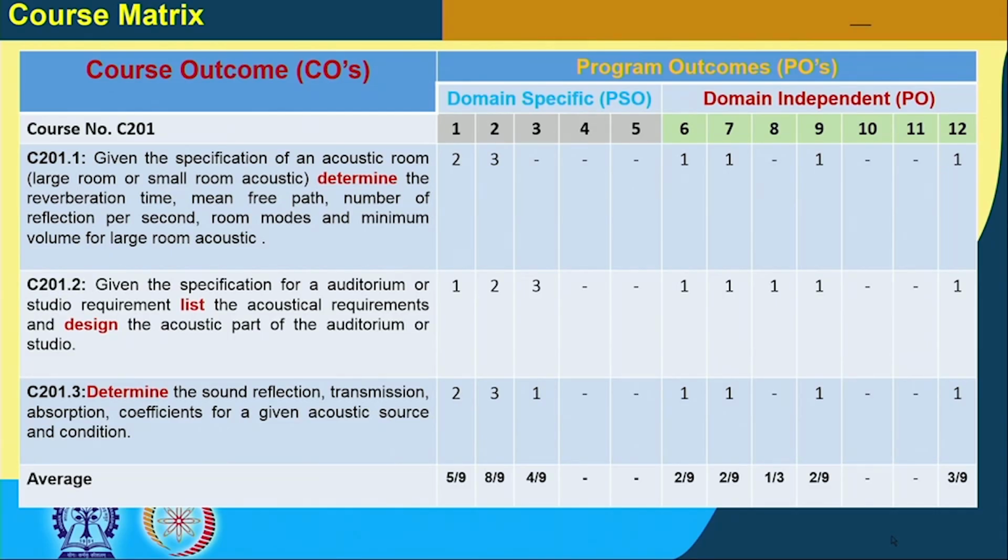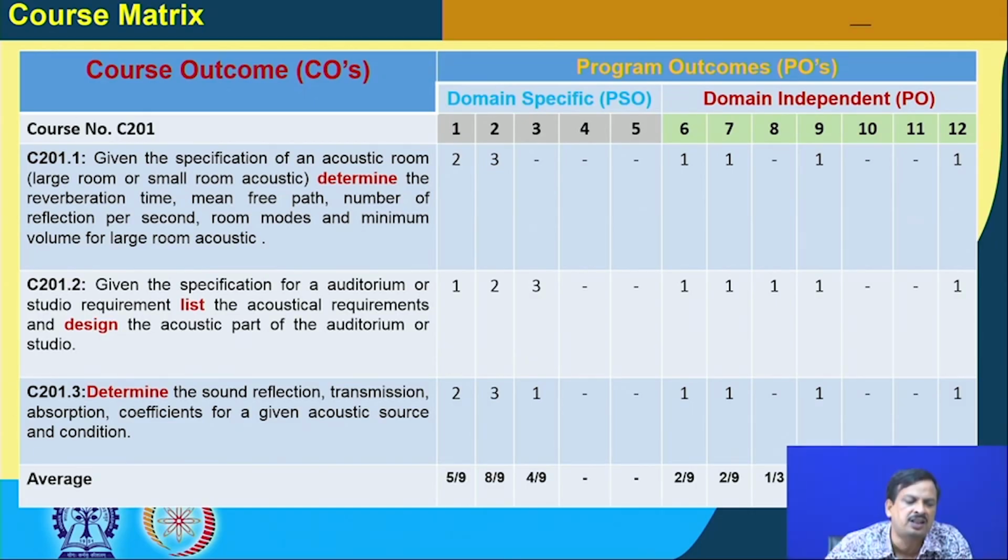So, CO number 1 says that given the specification of an acoustic room, determine the reverberation time, mean free path, number of reflections per second, room modes, maximum volume for large room acoustics. What is the cognitive level of this CO? Determine belongs to analysis level.